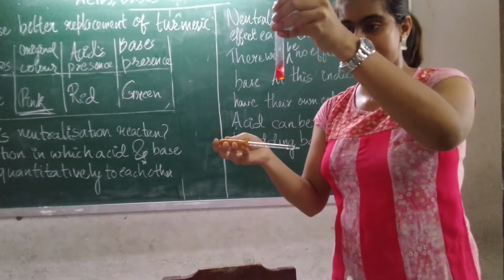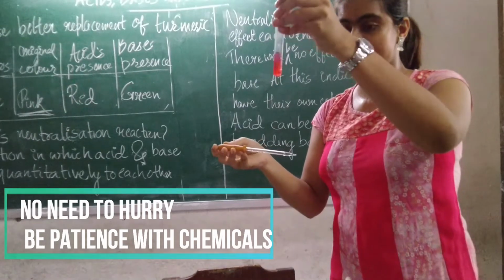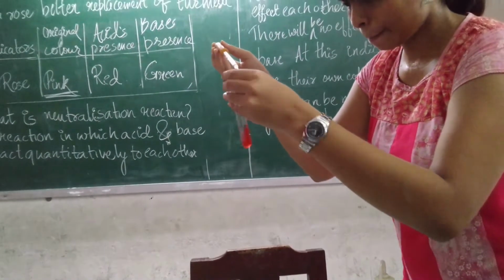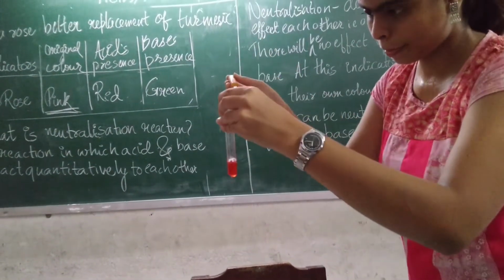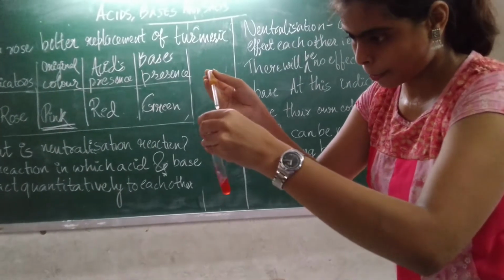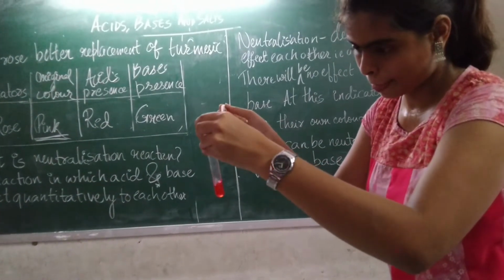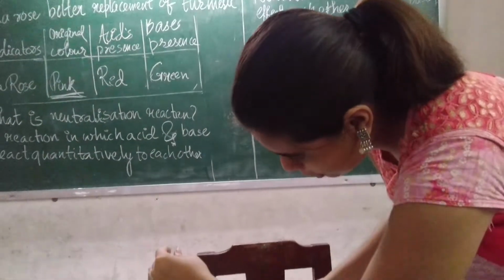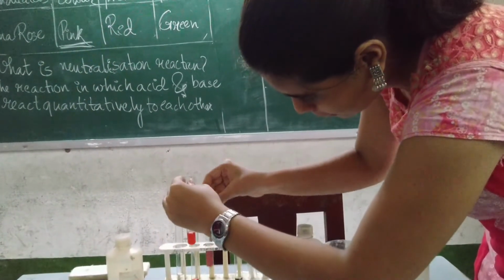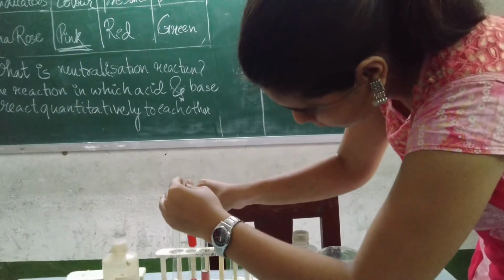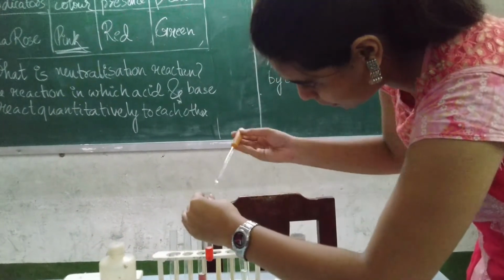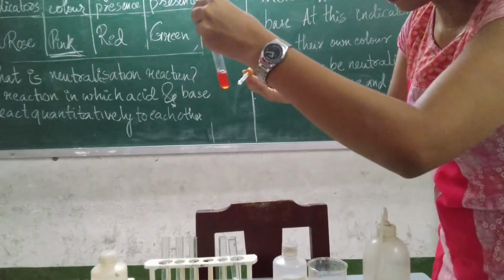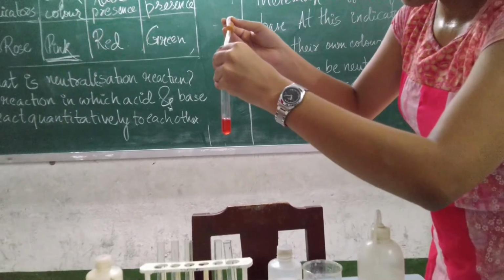You need not be in a hurry whenever you are performing acid-base reaction. See, it has reached a color nearly to this. It is going from deep red to pink.